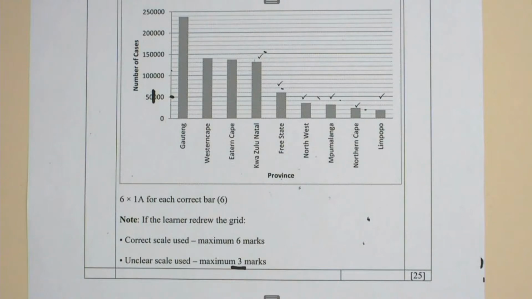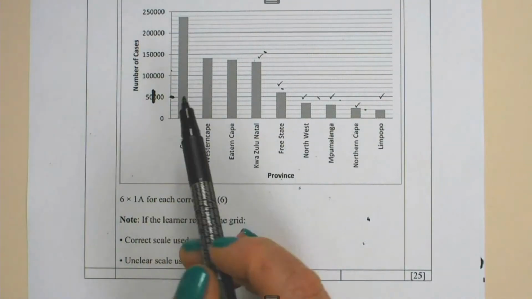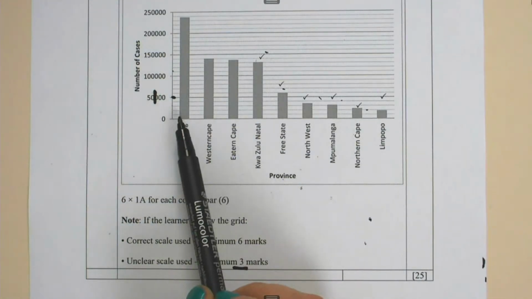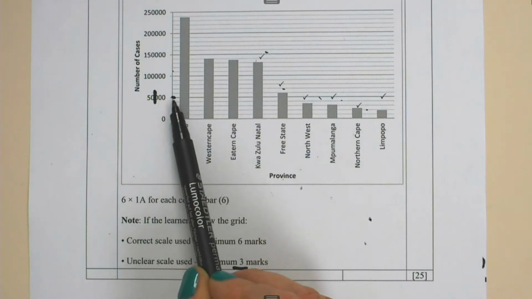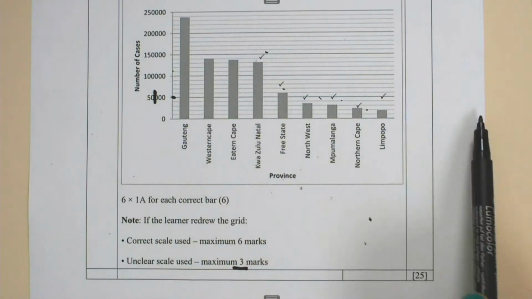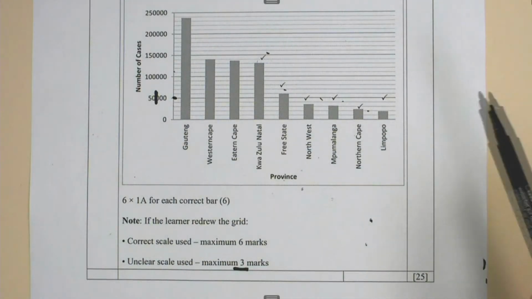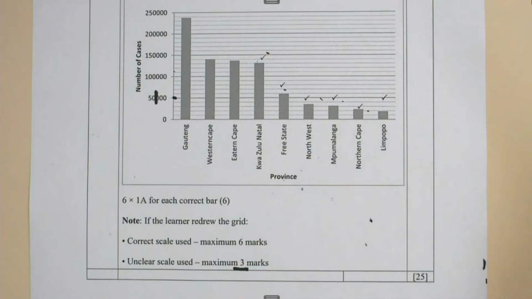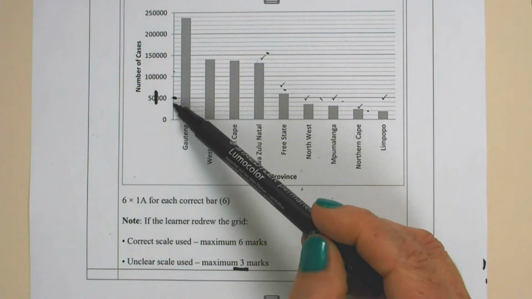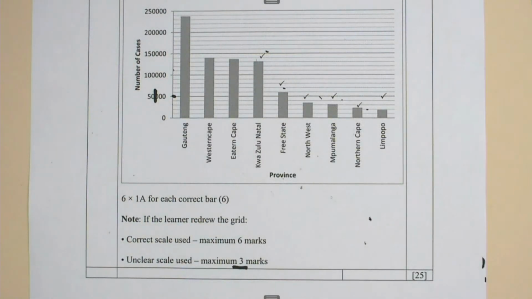If you can clearly see that they are using the scale of 10,000, 20,000, 30,000, 40,000, 50,000, mark the bars, 6 marks. If they are using a consistently incorrect scale, maybe 20, 40, 60, 80, I don't know what they can use, because for me the scale is very clear, you can give a maximum of 3 marks.